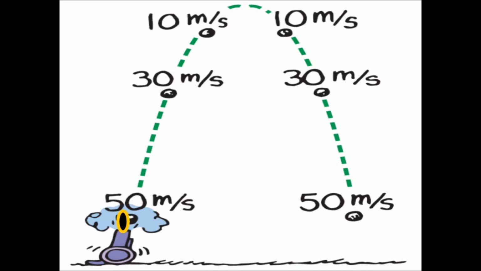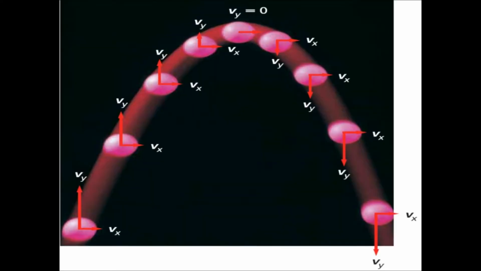Now, the next slide will show you that the Vy changes. You can see that it decreases going up so that it becomes 0 at the dy max, and then starts to increase again so that it is the same size when it's coming back down, and that the horizontal velocity at each frame, at each position the ball is in, is held constant.